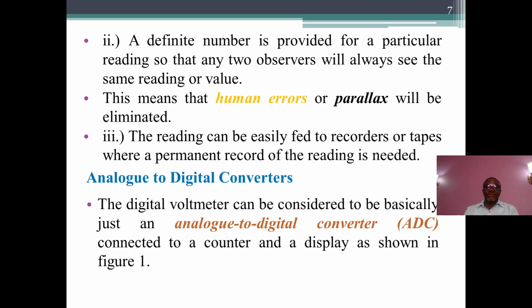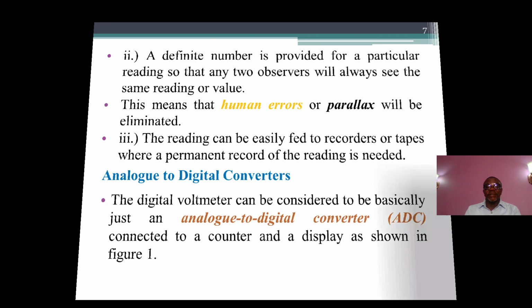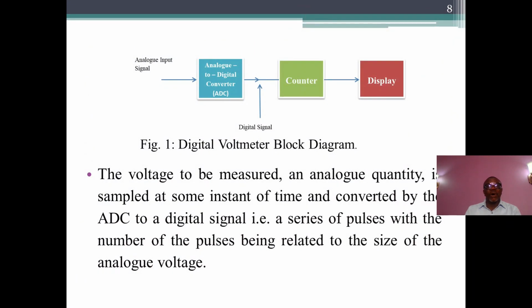The digital voltmeter can be considered to be basically just an analog to digital converter, ADC, connected to a counter and a display as shown in Fig 1.